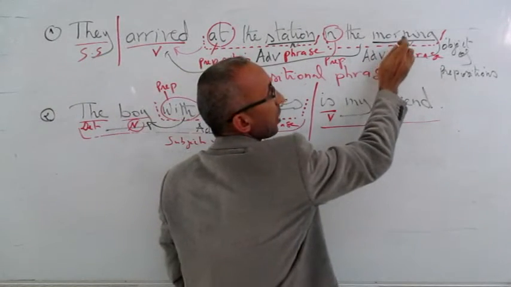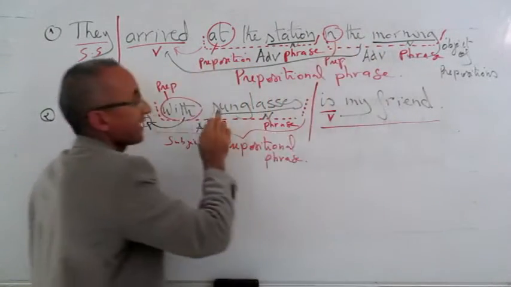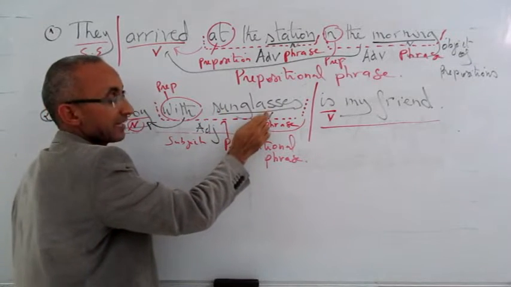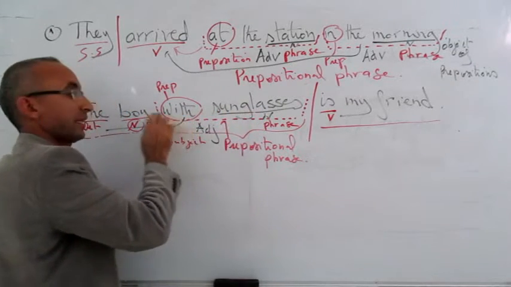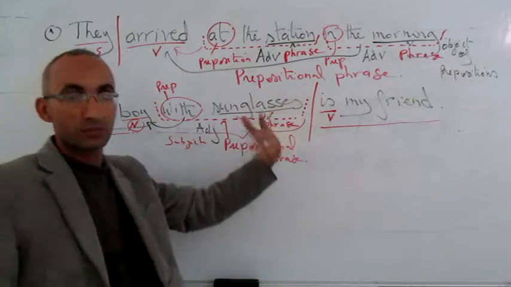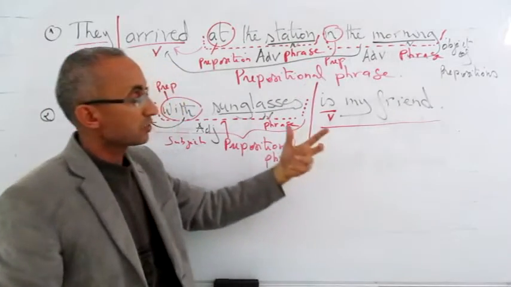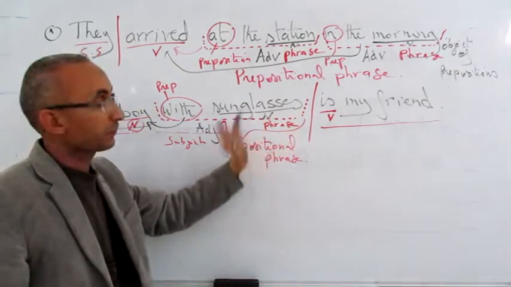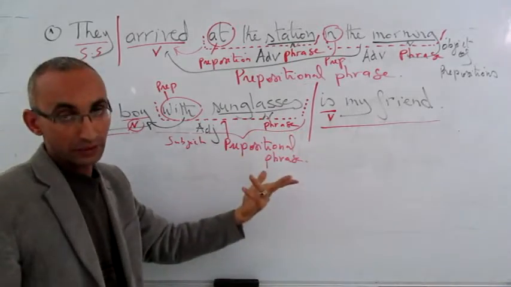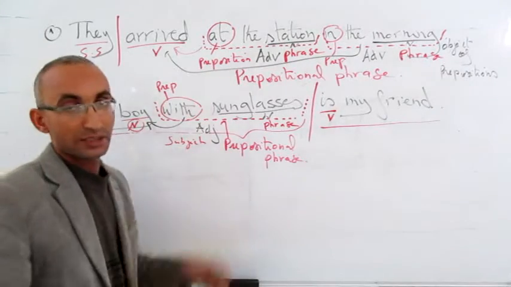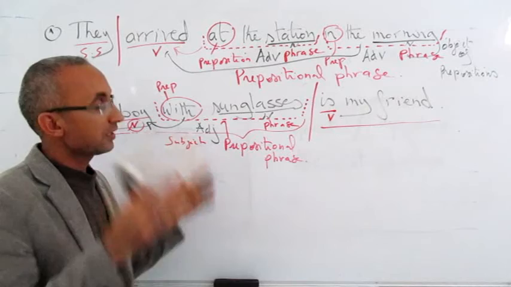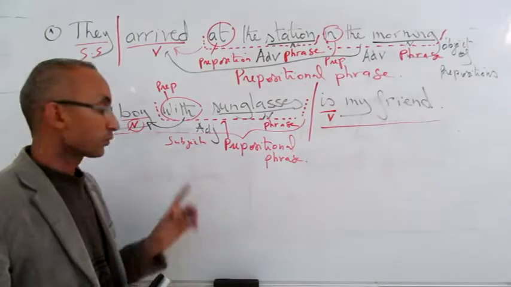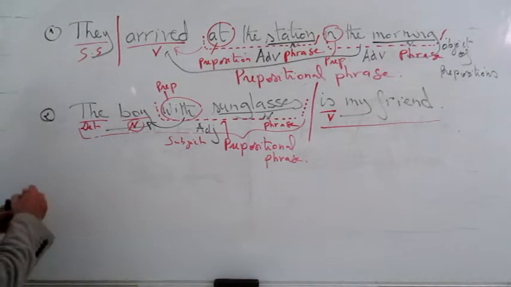And morning is the object of in. And sunglasses is the object of with. Now these are useful terms. We need to know them to be able to identify the different elements within the phrase, and generally within the English sentence.